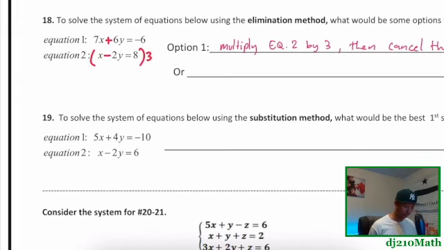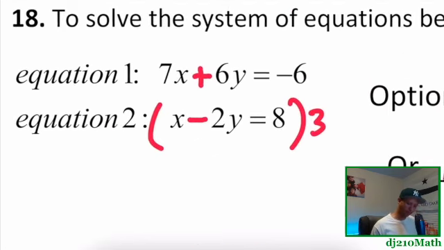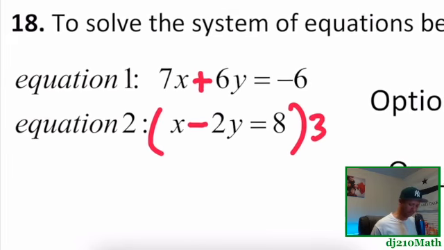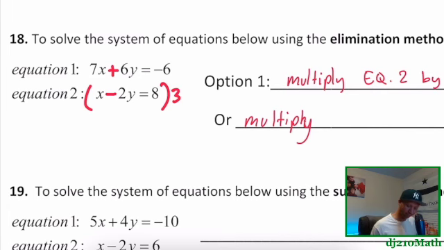Or, okay, the next one would be, if I don't want to cancel out the y's, I want to cancel out the x's. So I'd have to multiply. So look, we want to cancel out the x's. So if the bottom one was -7, that would be best.